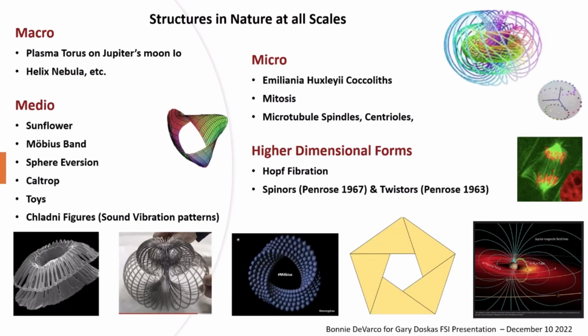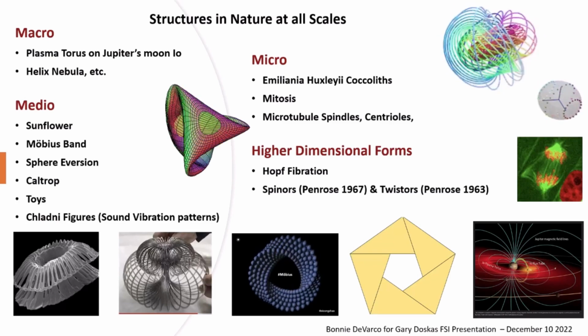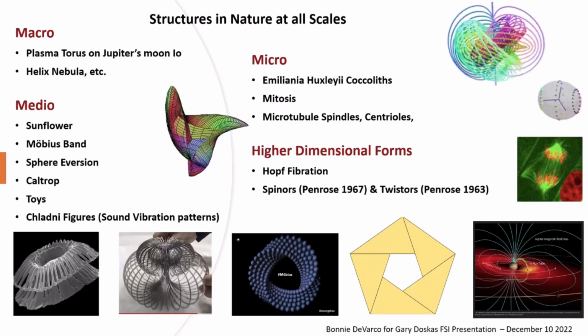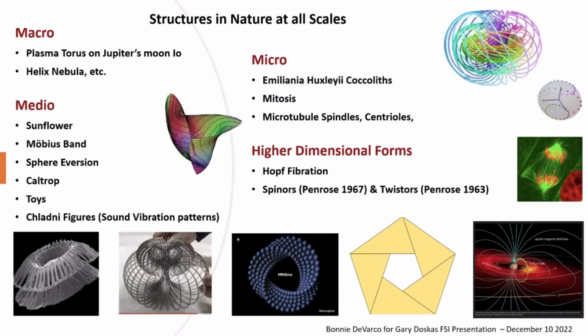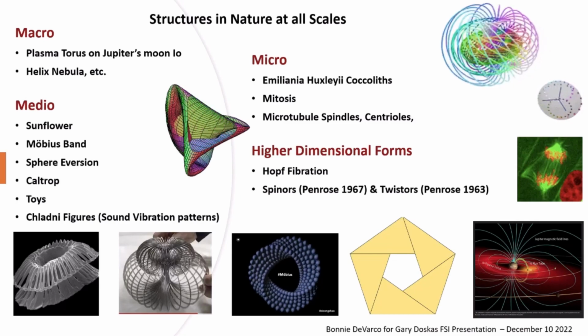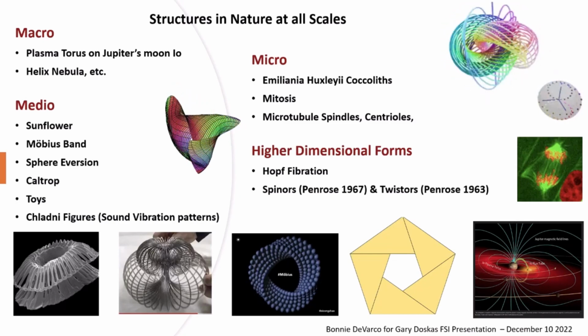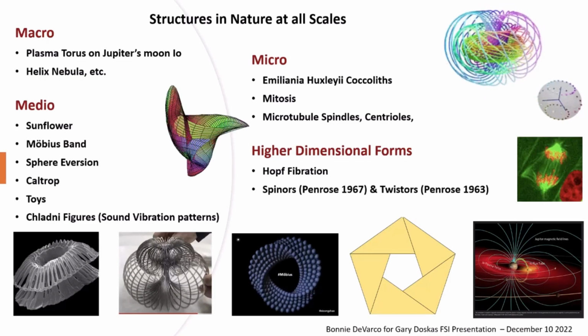We see it on the microscale with mitosis, and also on the macro scale with plasma in the planetary systems. We also see it in the Mobius strip and these odd things that it represents that we're still discovering on many scales. So that's some of the examples that we'll be showing.